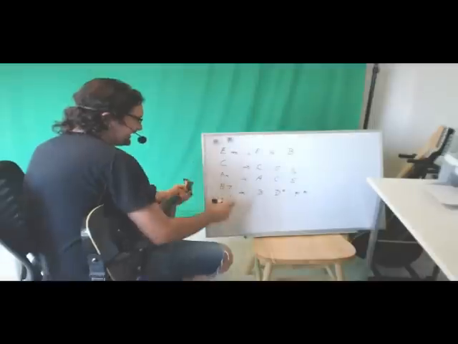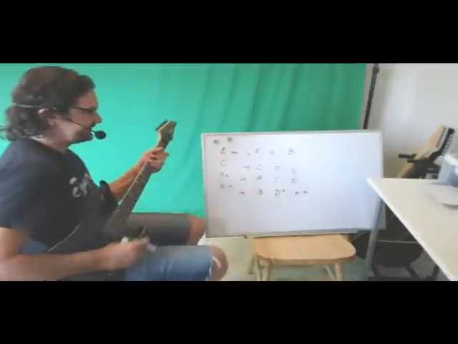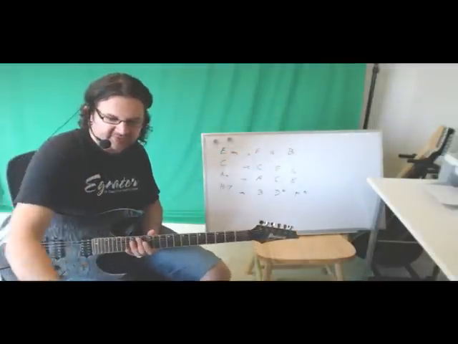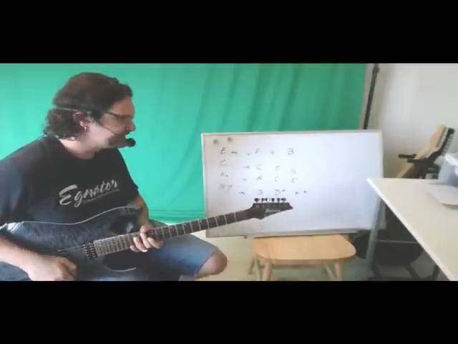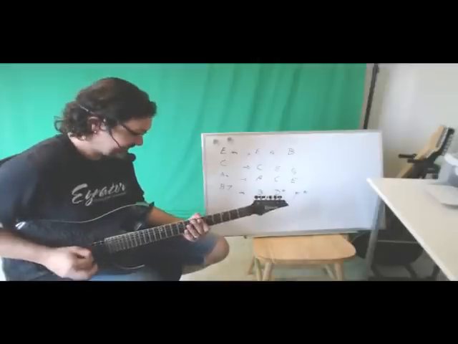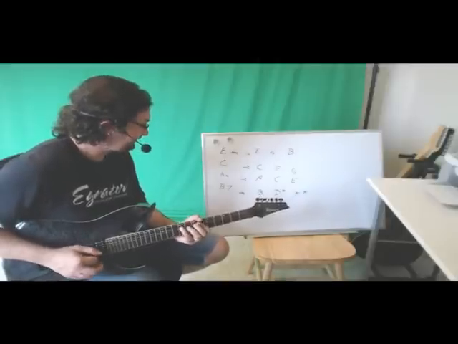And E minor, we already have it here, so we don't need it. Okay, so we kind of broke our chords into arpeggios. B7 is B, D sharp, and F sharp.